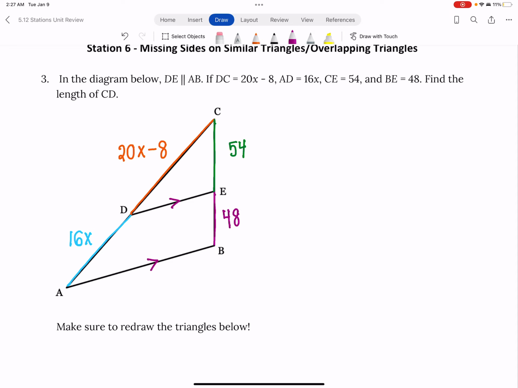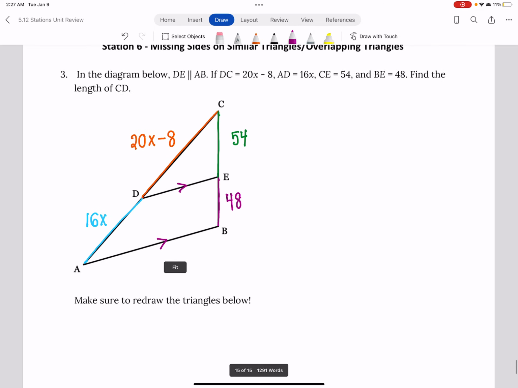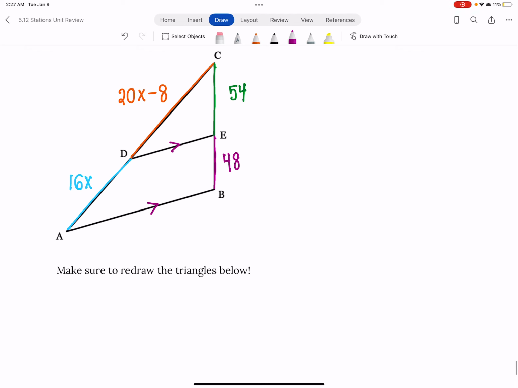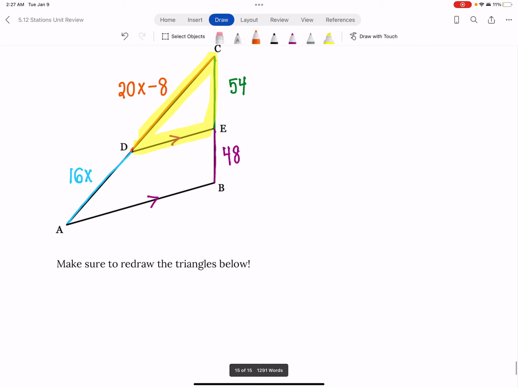I want to make sure that I redraw the triangles so that I get a better sense as to how I should set up my proportion. So I'm going to first draw my small triangle right here. I'm just going to translate it right here.